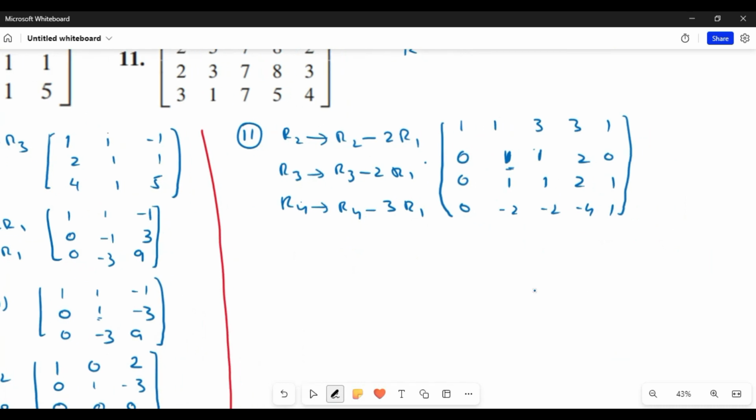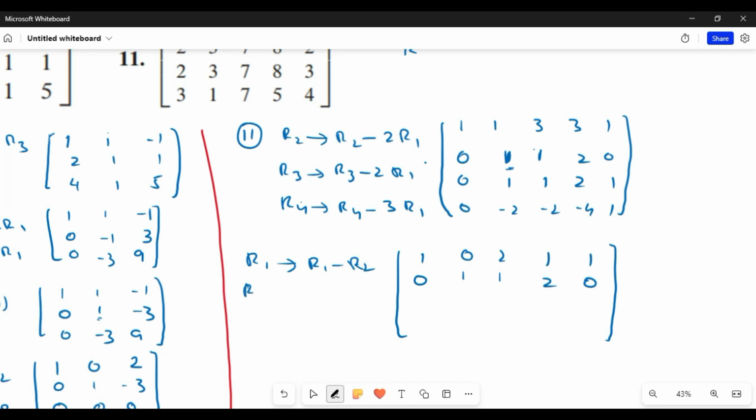Formula is R1 is R1 minus R2. So what is happening? No change in the second row, 0 1 1 2 0, isn't it? First row, because of this formula, will be 1 minus 0 is 1, 1 minus 1 is 0, 3 minus 1 is 2, 1, and 1 minus 0 is 1.